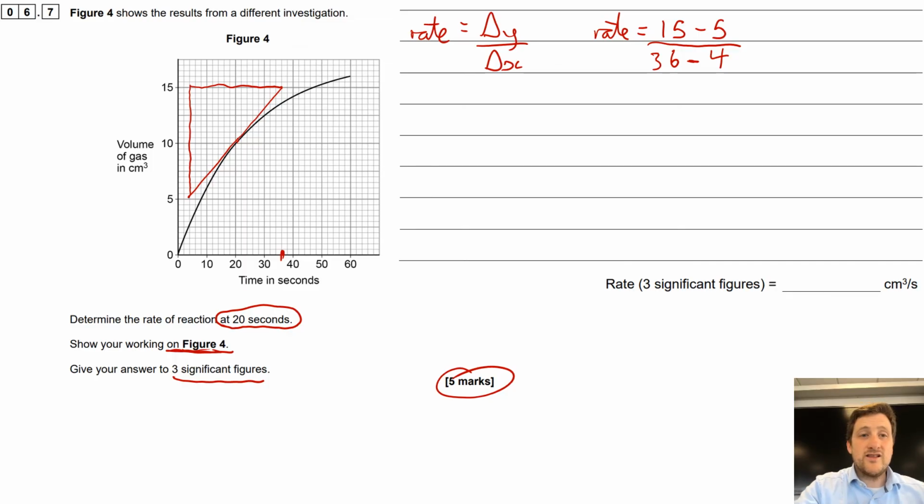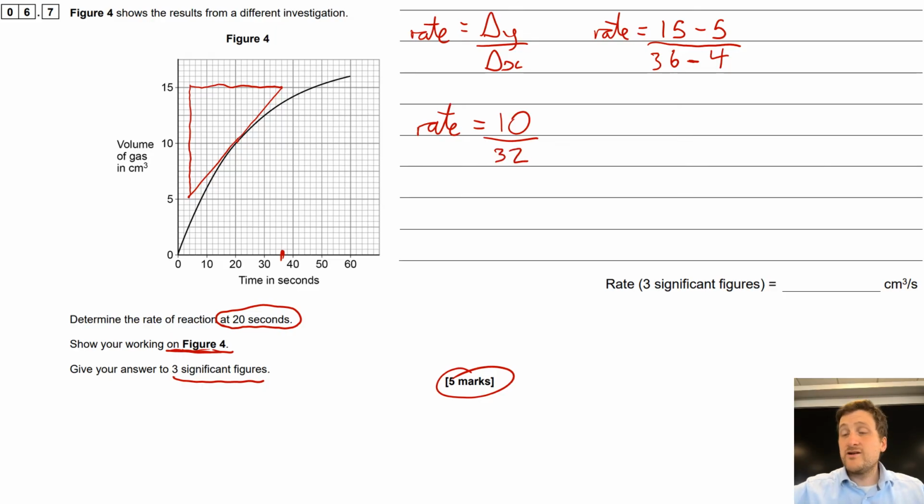Okay, so how am I getting these marks? Well, I've drawn my tangent on. That's going to get me 1 mark. I'm then showing how I'm working out the rate. I've got my change in y and my change in x. And then I'm going to say my rate is 15 take away 5 is 10. And then I'm going to say 36 take away 4 is 32.